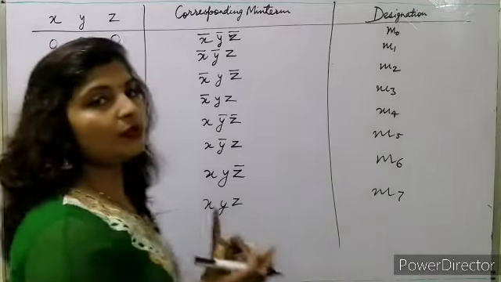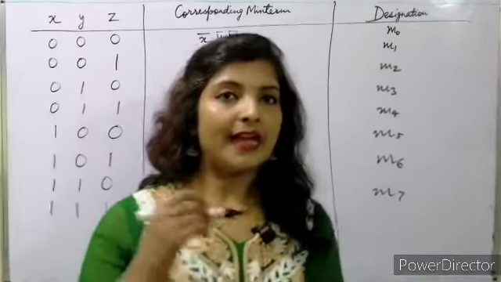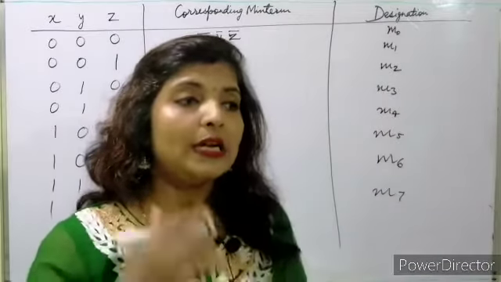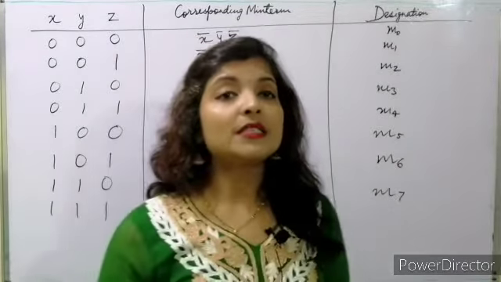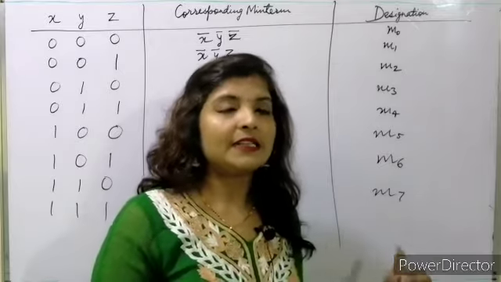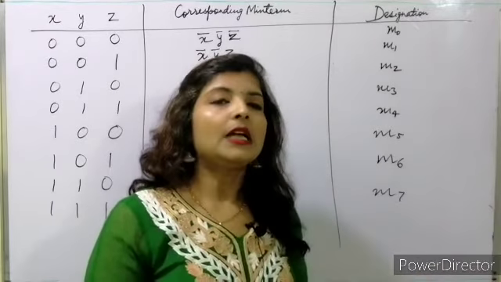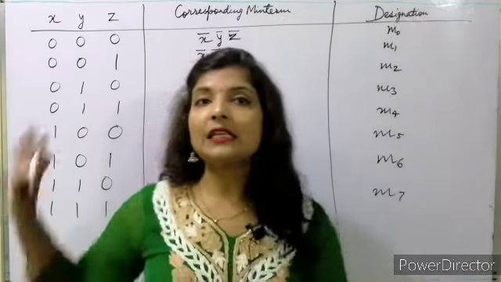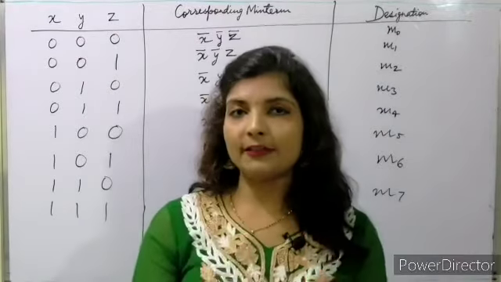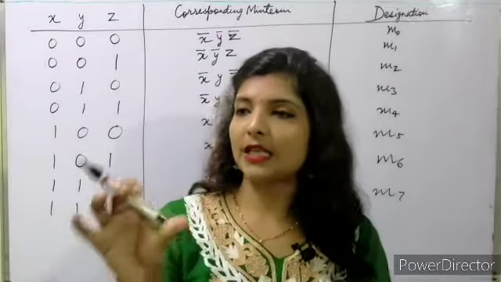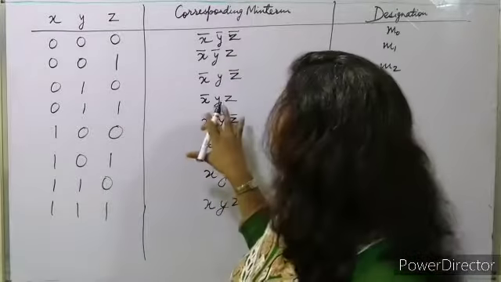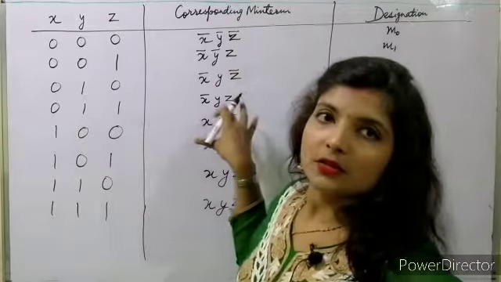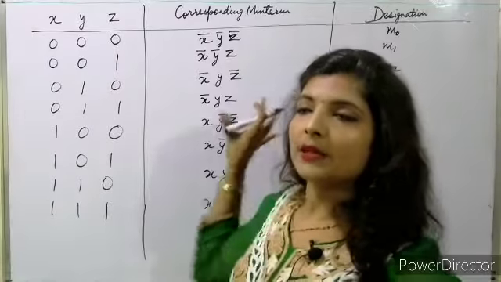In min term you need to remember, we denote min term as small m, and min term is product of sum. When a function is given, something plus something plus something, it will be in terms of these terms, like x bar y z plus x y z bar plus something plus something.